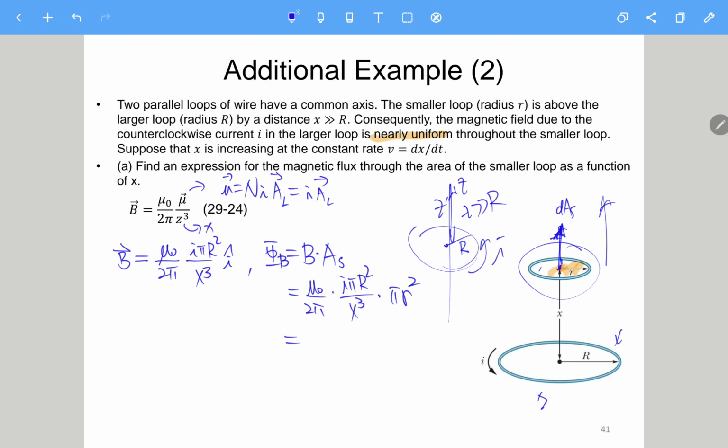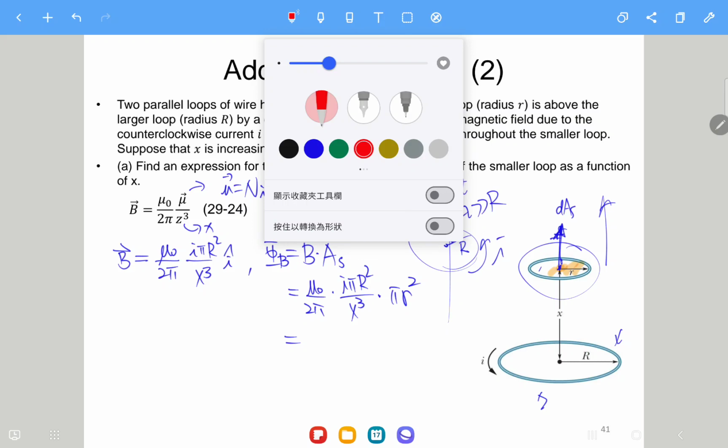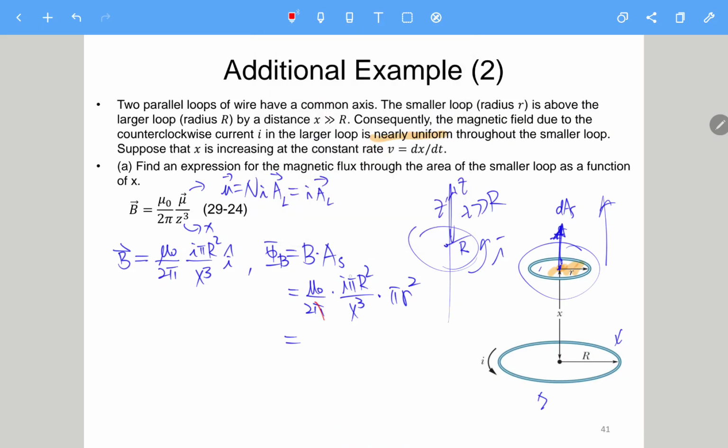Pi. Okay, so here we can do some cancellation. We have pi here, so we can cancel with this pi, and actually we don't have any further same term, so yeah, it will look like this: pi mu naught I, with capital R squared, small r squared in the numerator, and then in the denominator we have 2x cubed.